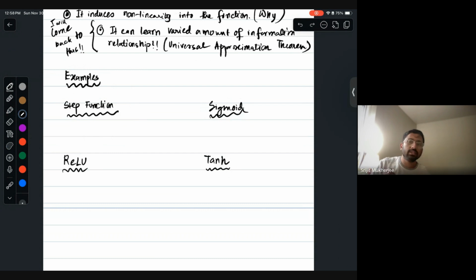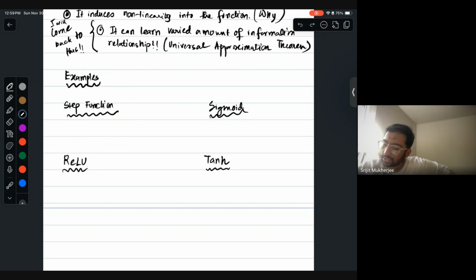It converts everything to 0 and 1. Let me just confirm whether the step activation is 0, 1 or minus 1, 1. There are two types of functions, so it can be 0, 1 or minus 1, 1.